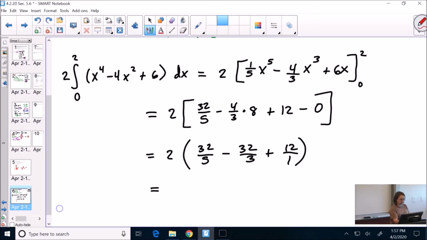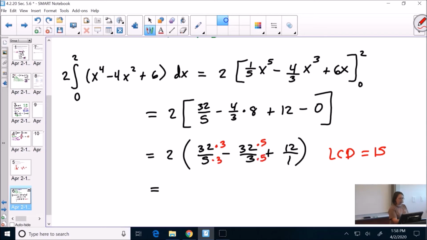Alright, so let's make the denominators common, so that would be 15. Can't reduce anything? Nope, I don't think so. Let's just do the first 2 terms, and then we'll worry about the last one. So we need to multiply the first one, top and bottom, by 3 to get our LCD.